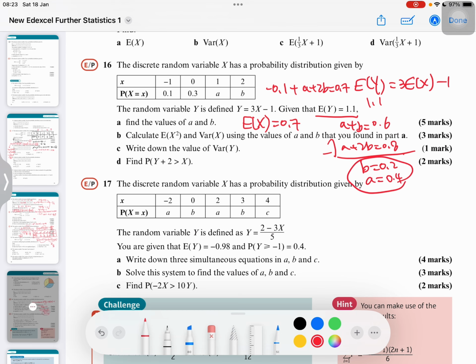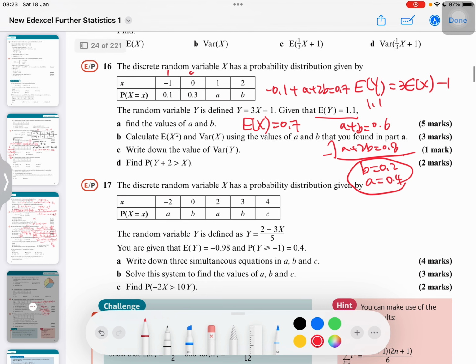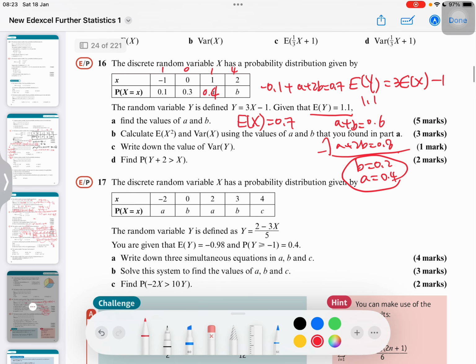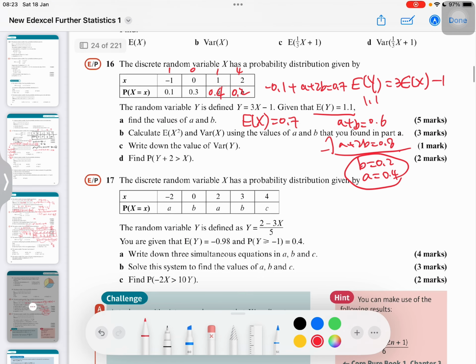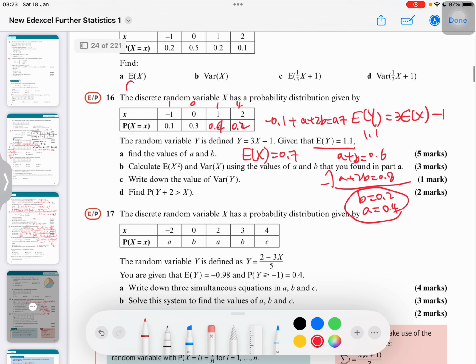Calculate the expectation of x squared and the variance. A is 0.4, b is 0.2. So the expectation of x squared is 1 times 0.1, 0 times 0.3, 1 times 0.1, 4 times 0.2.